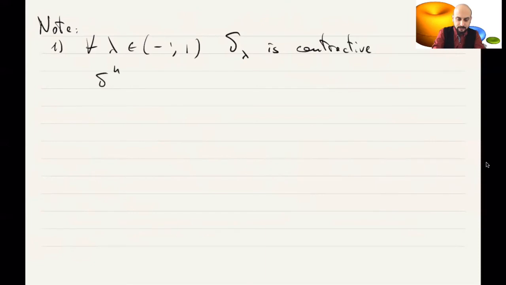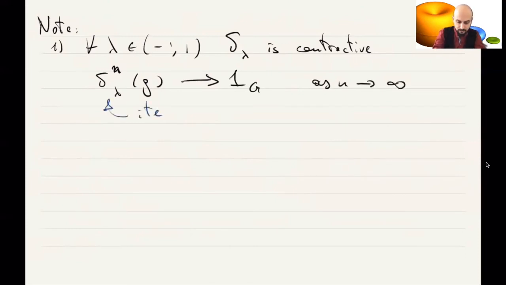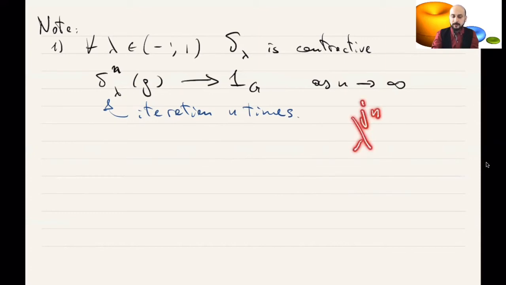Namely, delta lambda iterated n times applied to every point converges to the identity in G as n goes to infinity, where this is the iteration n times. It's just because when you iterate, lambda to the n, if lambda is a number less than 1, this converges to 0.